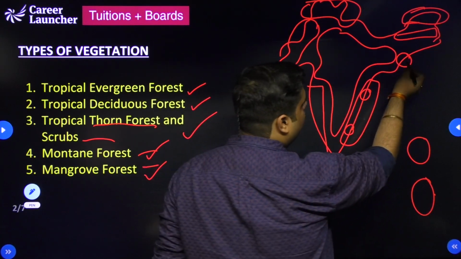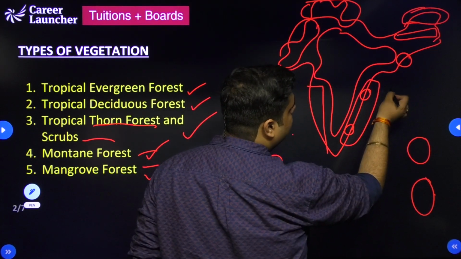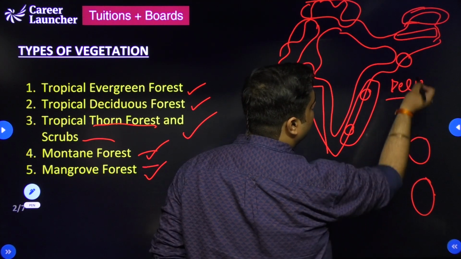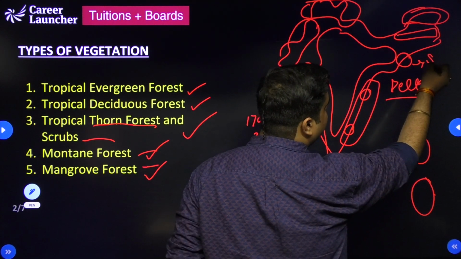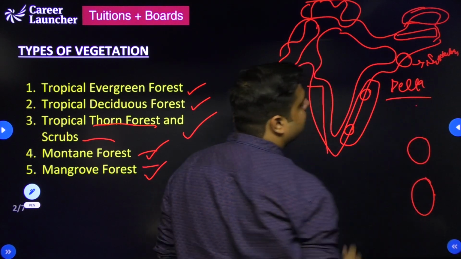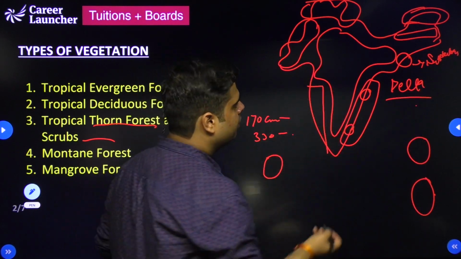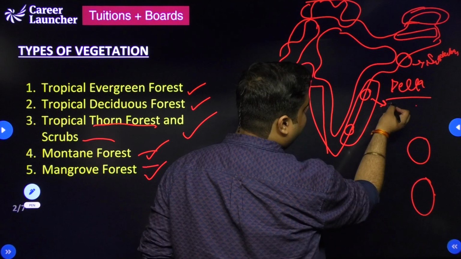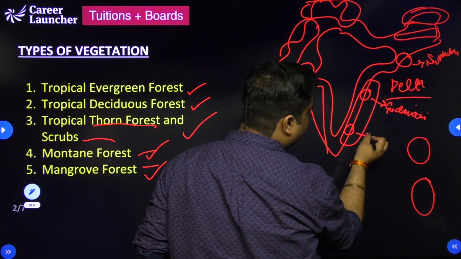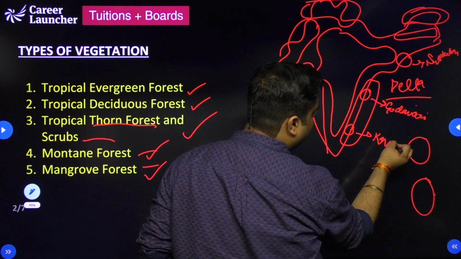These pockets which I have highlighted are the delta regions of several rivers. The Bengal one is called Sundarban, which is the delta of river Ganga. This one is the Godavari delta. This one is for the Kaveri.